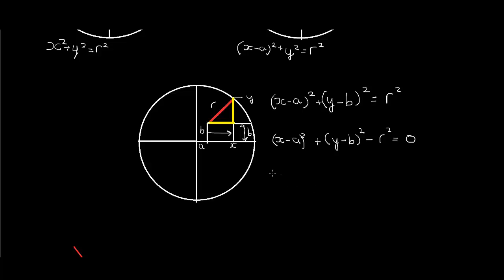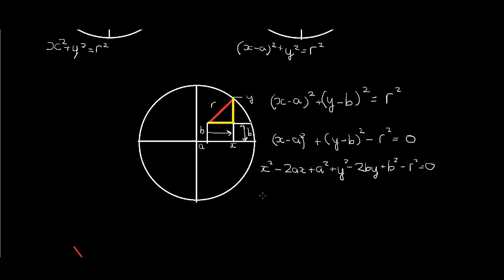If we multiply this bracket out, you'll find we get x squared minus 2ax plus a squared, multiplying these brackets out, plus y squared minus 2by plus b squared minus the r squared there equals 0.